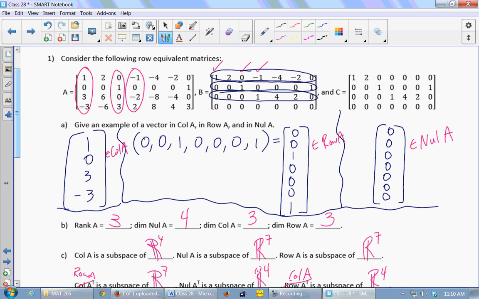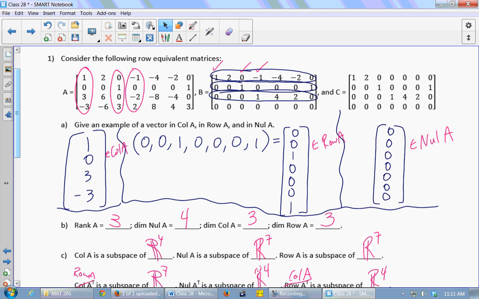And the whole idea is that when you do row operations on a matrix, you're inherently changing the columns. So that's why when I'm doing the column space, I have to go back to the matrix A and take the pivot columns.